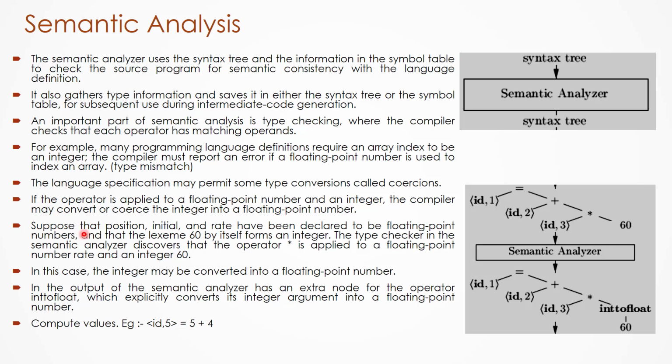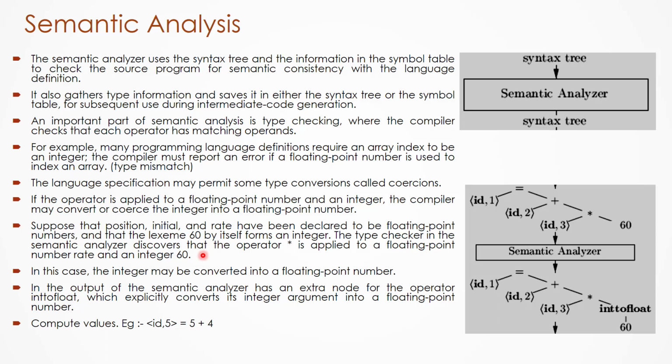So in our example, suppose that the position, initial and rate have been declared to be floating point numbers and the lexeme 60 by itself forms an integer. The type checker in the semantic analyzer discovers that the operator star is applied to a floating point number rate and an integer 60. So if you remember the example, position equal to initial plus rate star 60.